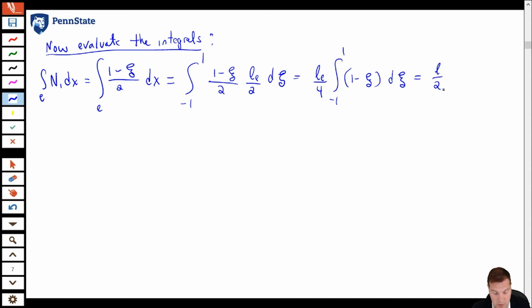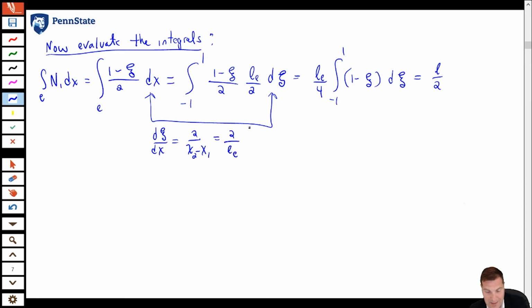Okay, so the important point is this step here. When I made the substitution, remember that came from d psi dx, which we know psi is a function of x. It's 2 over x2 minus x1 equals 2 over le, which implies that dx is equal to le over 2 d psi.